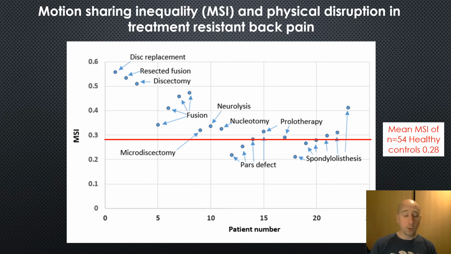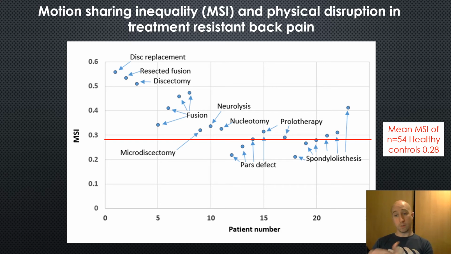As expected, we also find that increased disruption, such as discectomies or fusions, will also cause an increase in motion sharing inequality. If a level is fused, it is not going to contribute anything at all to the motion, therefore its contribution is zero, and therefore the other levels have to contribute a larger percentage to the motion.